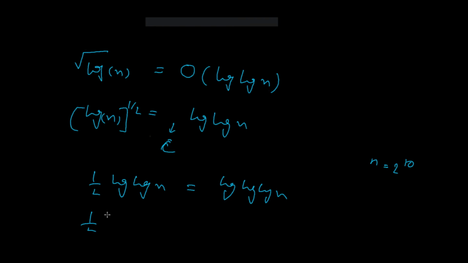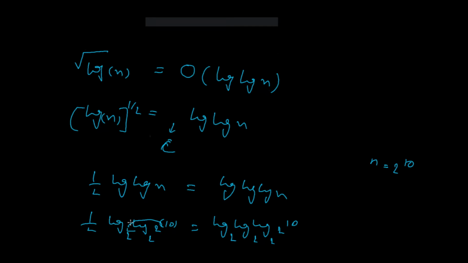So it will be log of 2 to the power 10, base 2. Here also log 2 to the power 10, so the power 10 will be shifted out, and this becomes log 2 base 2, which will be 1.